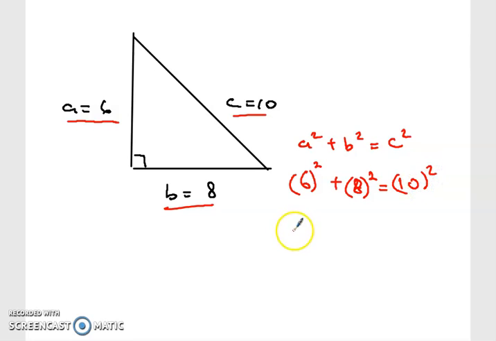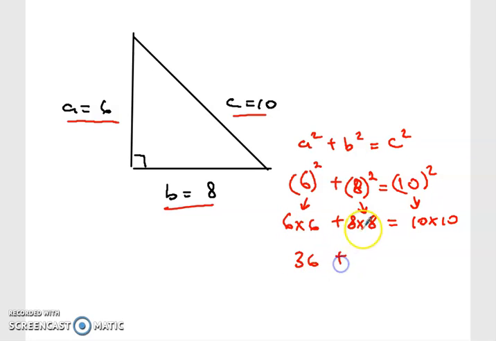Let's square that 10. Now 6 square is equal to 6 times 6. So that comes from here. 8 square is equal to 8 times 8. Comes from here. And 10 square is equal to 10 times 10. 6 times 6 is 36, plus 8 times 8 is 64, equal 10 times 10 is 100.